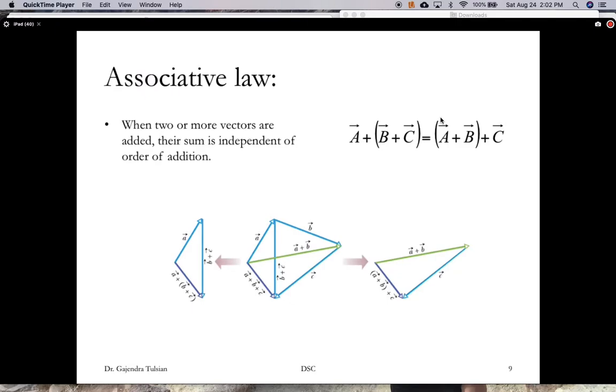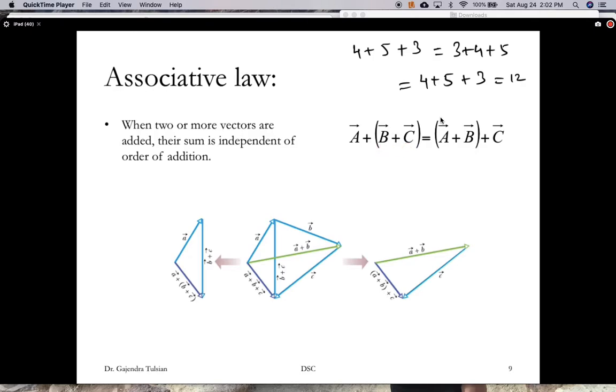The associative law of addition says, okay, so with numbers, if you were adding multiple numbers, it didn't matter what order you added them in, and you always get the same answer. Okay, and it turns out that vectors also obey that associative law of addition. And this graph shows you that equation.